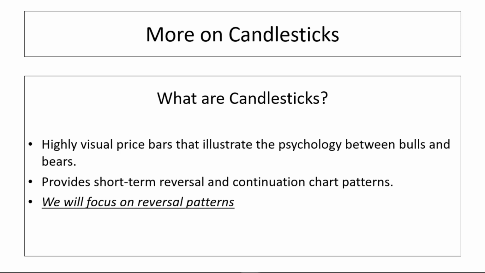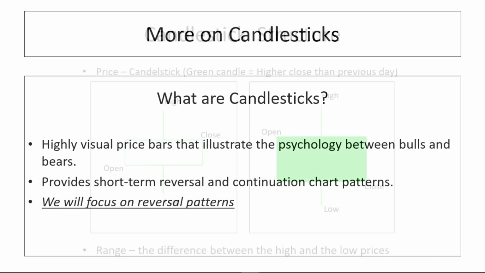Highs and lows are easy to recognize no matter what the candlestick looks like. What we're going to talk about are short-term reversal signals. Candlesticks can be used to determine reversal patterns, reversal signals, or continuation chart patterns. We will focus here today on reversal patterns.